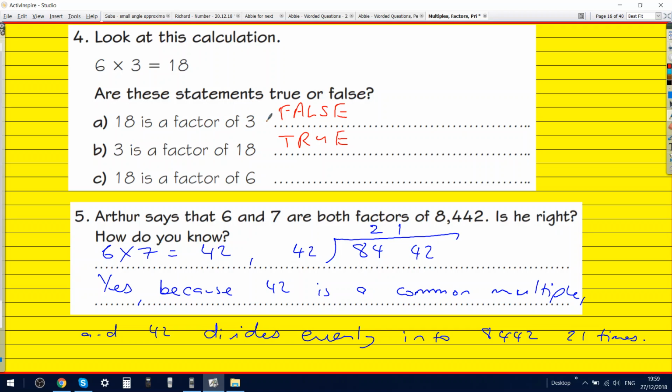So 18 can't be a factor of 3, because factors are smaller and 18 is larger than 3. Okay, so part C. I think that's false. For it to be a factor, it'd have to be smaller and go in evenly. And yeah, 18 is a multiple of 6, it's not a factor.